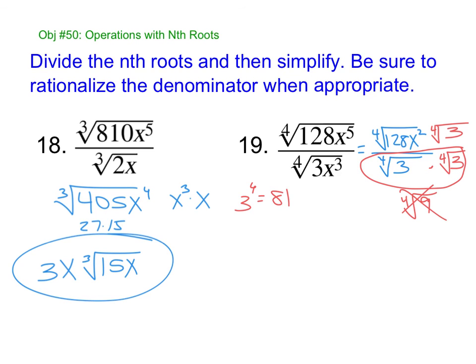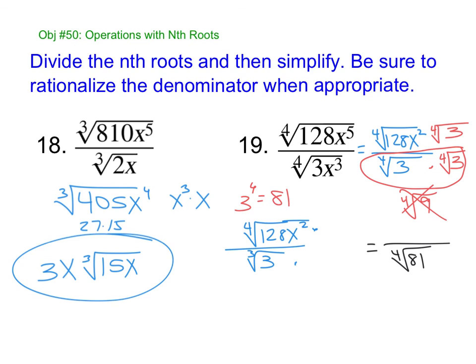So what we're actually looking for is, we have the fourth root of 128 x squared over the fourth root of 3. What we want is to multiply so that when we multiply this out, we end up with the fourth root of 81 so that bottom one will go away.